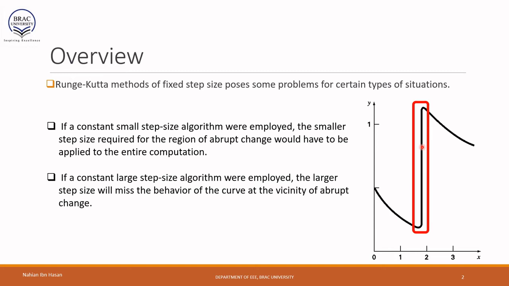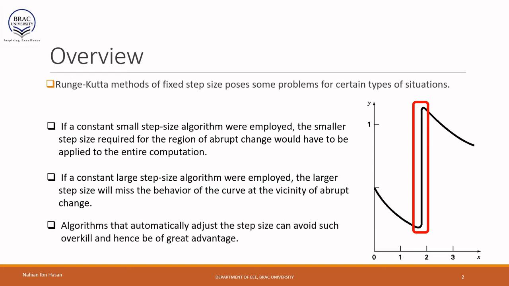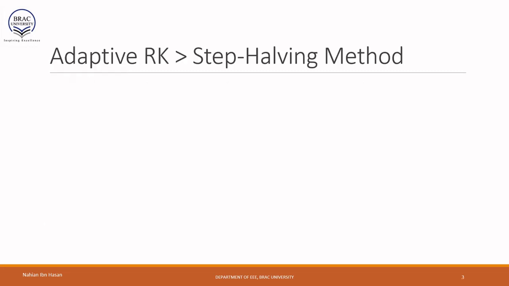That will be very problematic, because beyond this abrupt change, look at these areas: these are very slowly changing areas. We need some special techniques for such problems, and that's why we are going to use the adaptive Runge method.